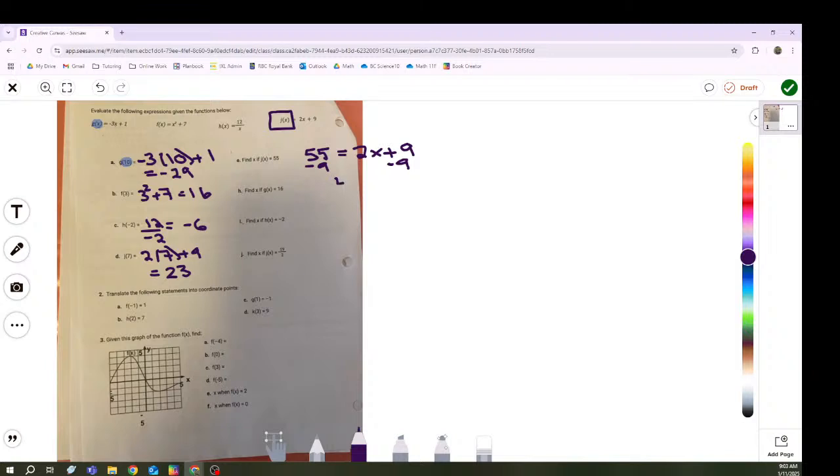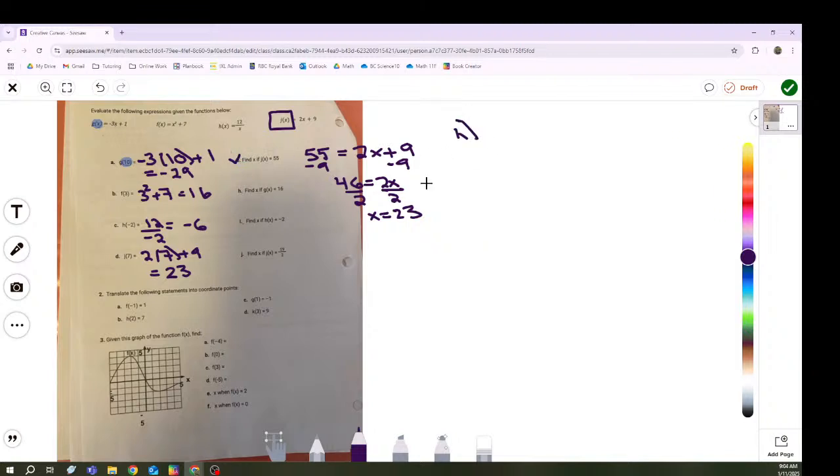Good, and then that leaves us with 2x, so we have to do what now? Yep. So x equals, you got it.